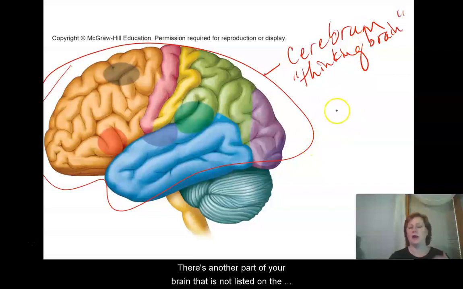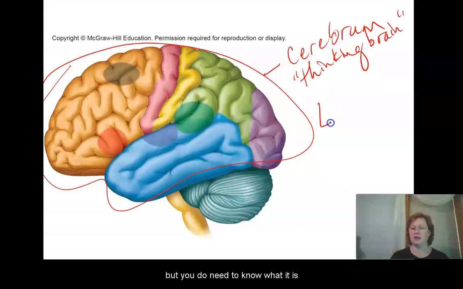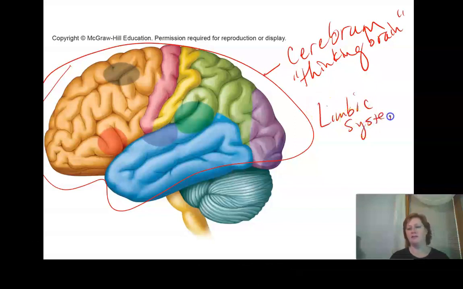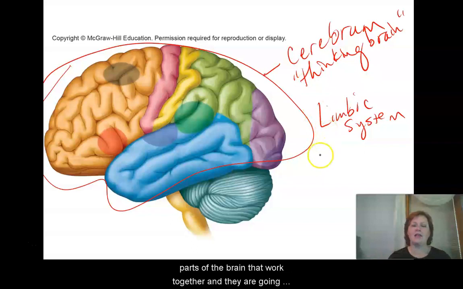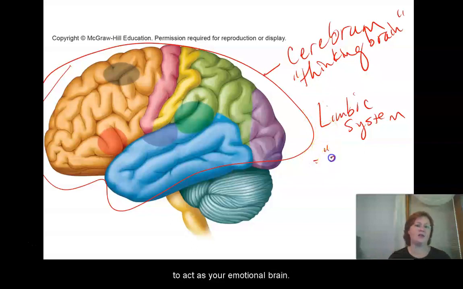There's another part of your brain that is not listed on the anatomy that you have to be able to identify, but you do need to know what it is, and that is called the limbic system. The limbic system is composed of several different parts of the brain that work together, and they are going to act as your emotional brain.